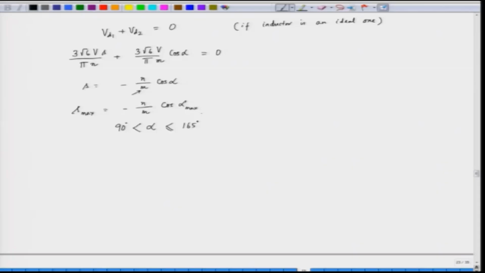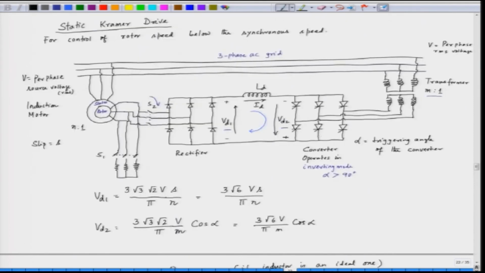So, we can't go directly close to 180 degree, it has to be sufficiently smaller than 180. So, it is approximately 165 or so. So, alpha max is 165, and it is operating from 90 to 165 and the converter is operating in the inverting mode.